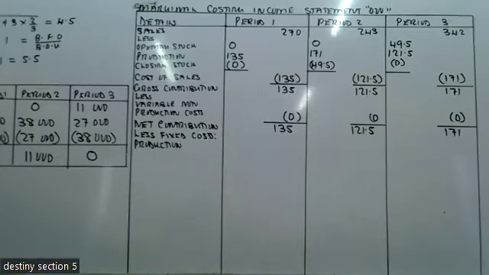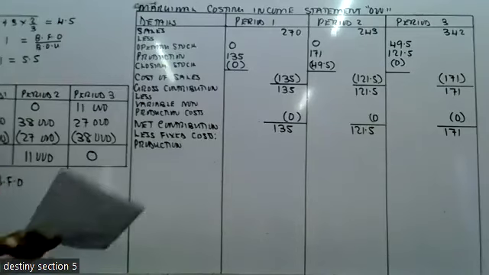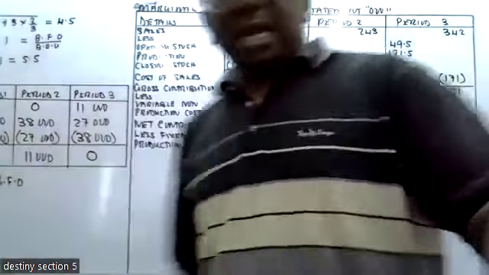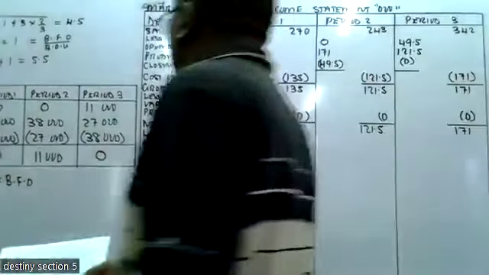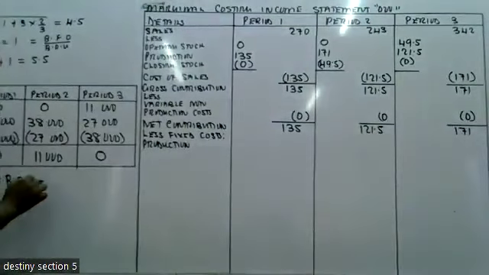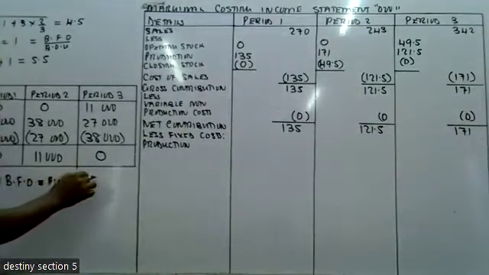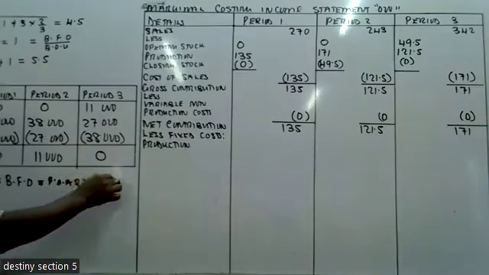So now that we know, down there now is our action, you can come and say budget fixed overhead should be equal to, sasa unachukua hii FOAR multiply na budget output units.